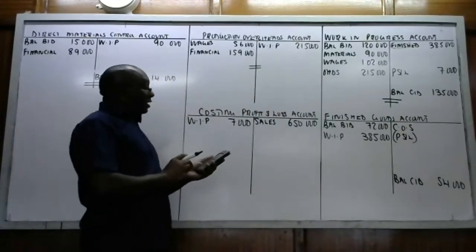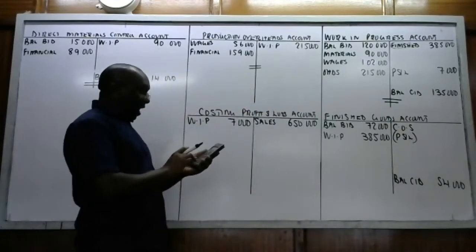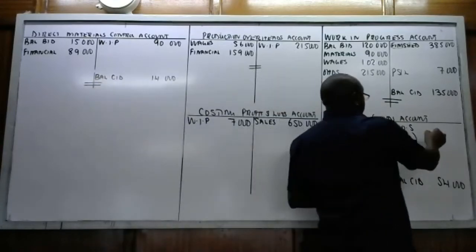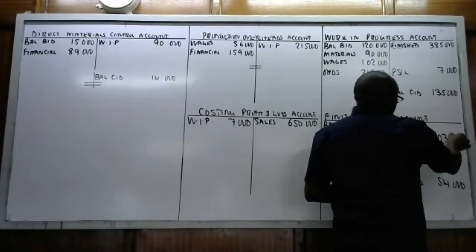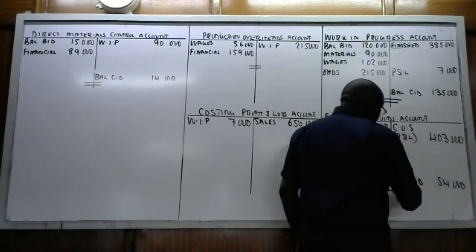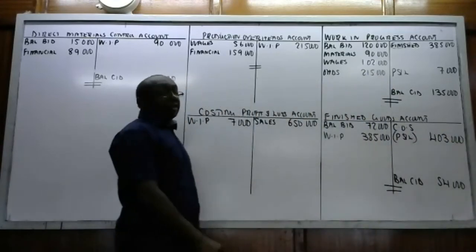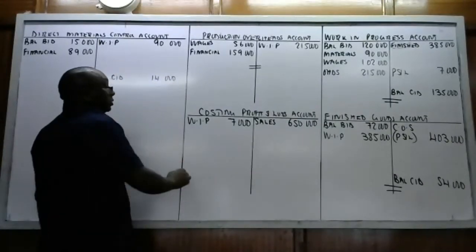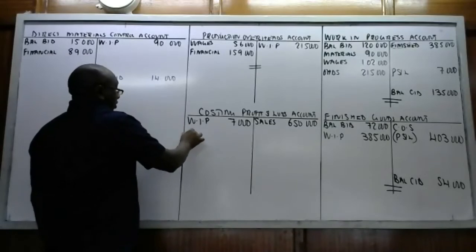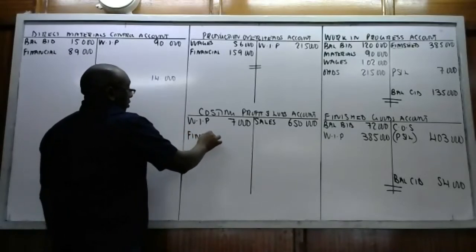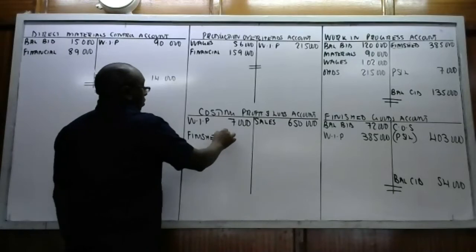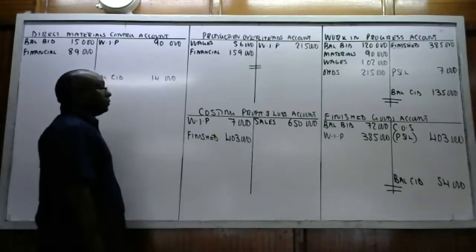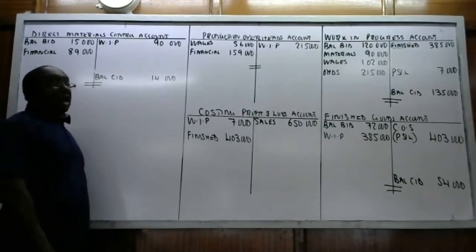So we will say 72 plus 385 minus 54. It's 403. So that 403 comes here to P&L. So because of finish, we have 403,000.